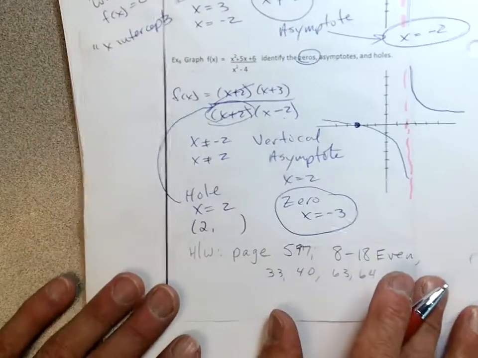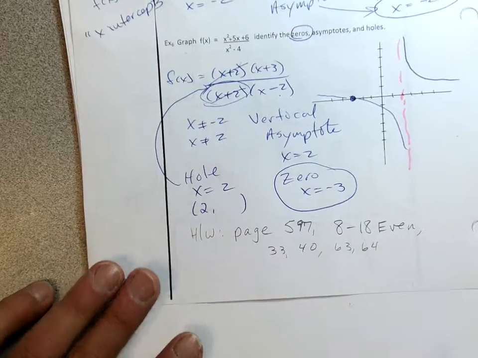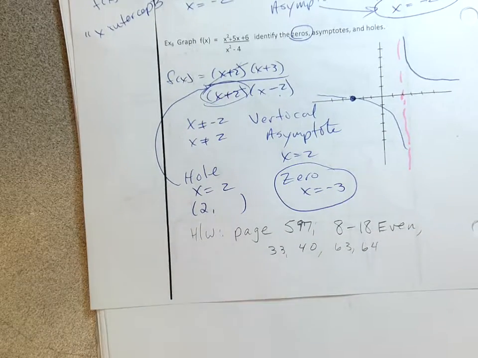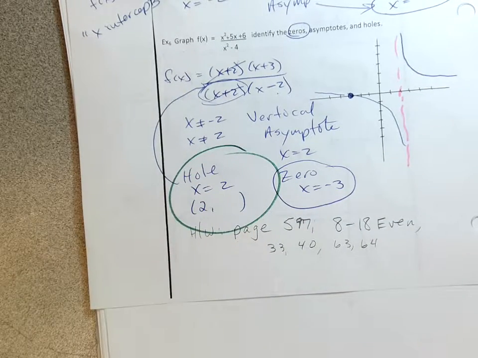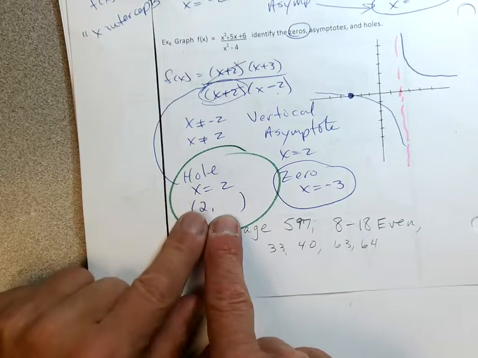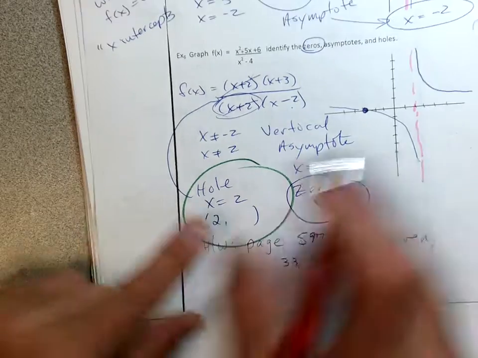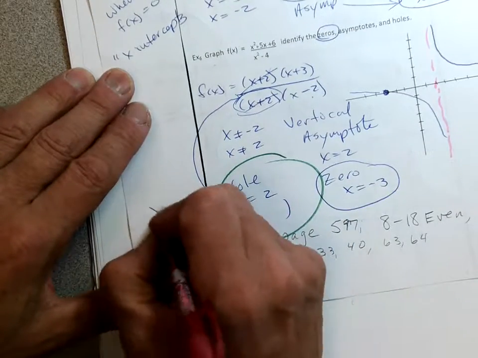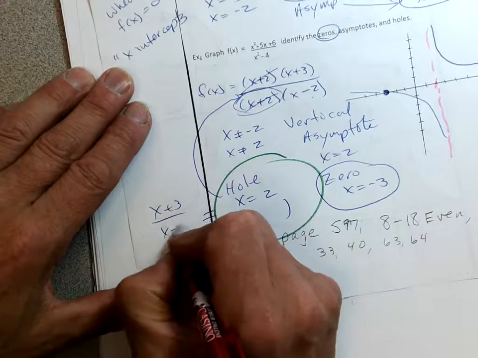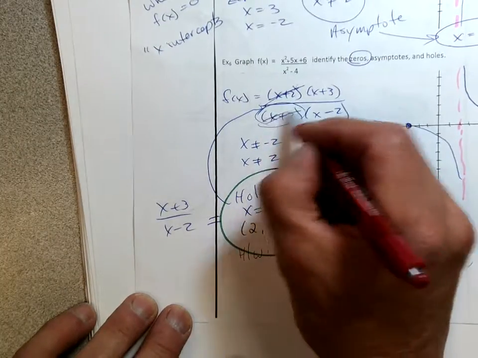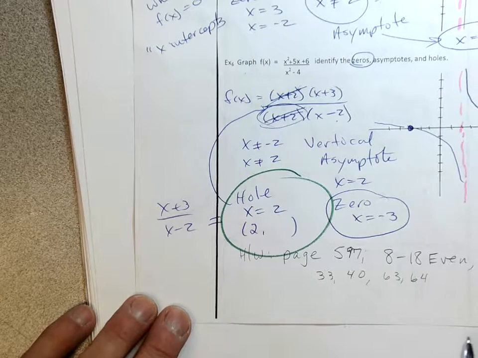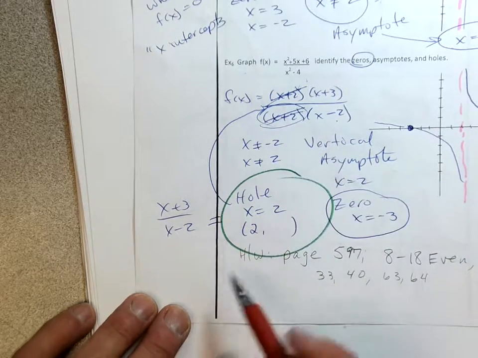Now, real quickly, last thing, and I have 2 minutes. Everybody watching? Yep. The hole. So you would plug 2 into x plus 3 over x minus 2, because once you get rid of its problem, you can plug it in, right?